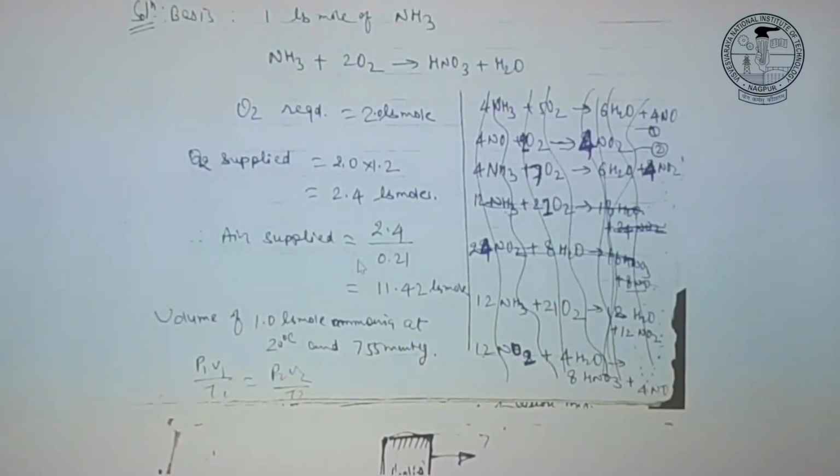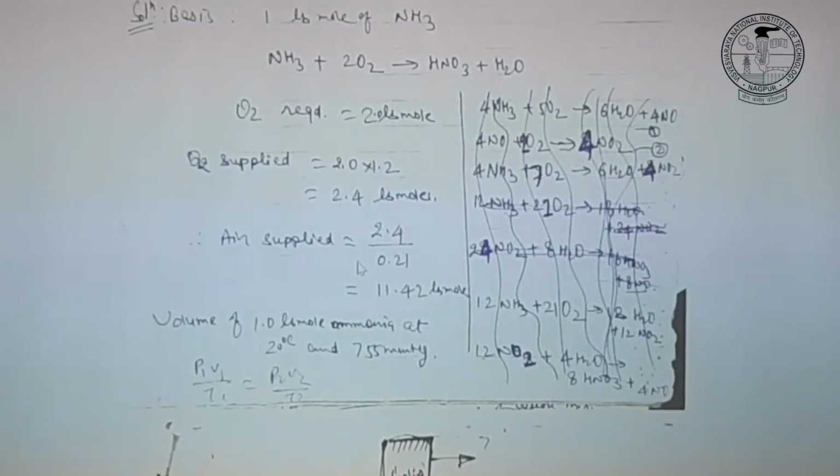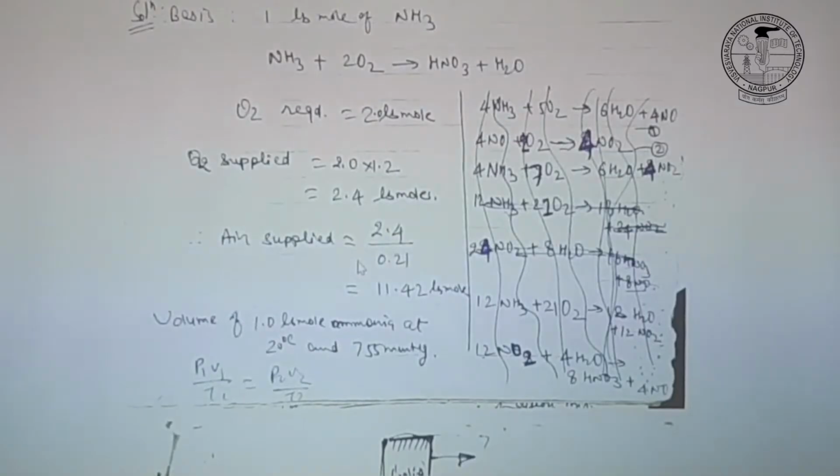Yes. So now you can find out the volume of this much air. If we have to supply 11.42 lb mole of air, how much volume of air will we be supplying? Because the moment we decide that this many lb mole of air we have to supply, we will not be calculating the lb mole available in some climate and then using exactly that.